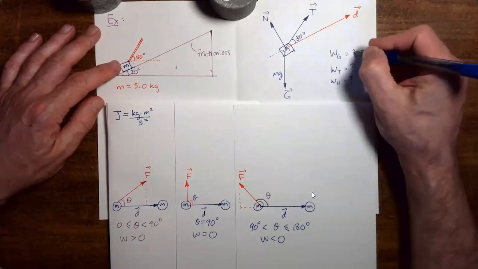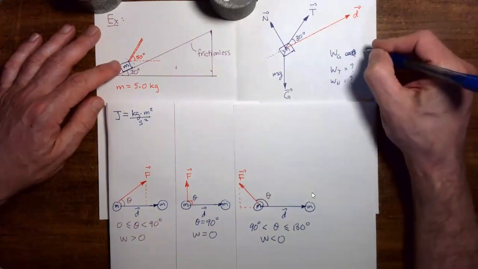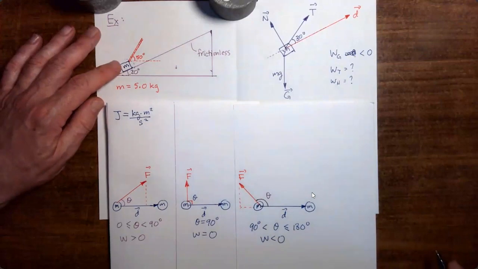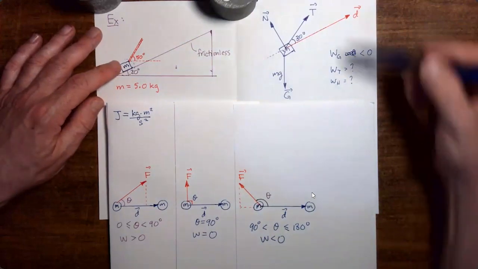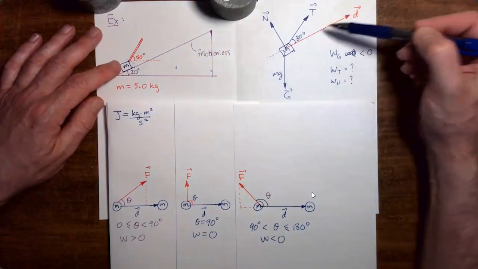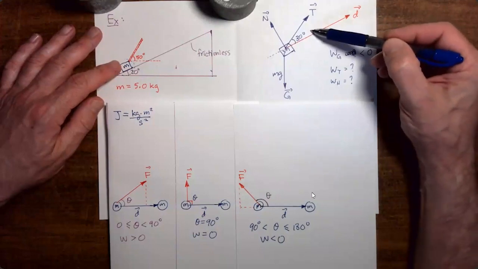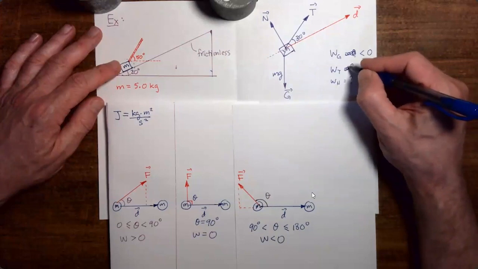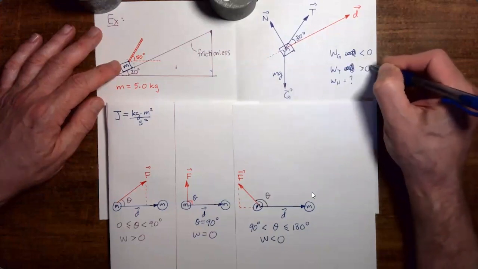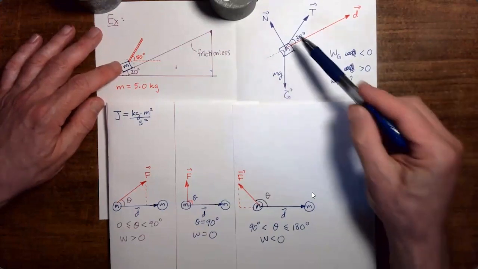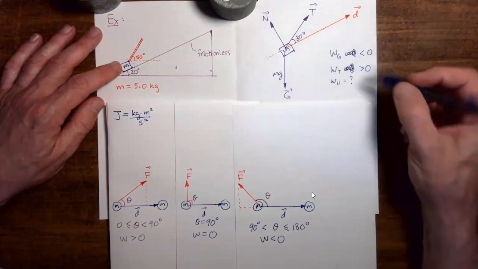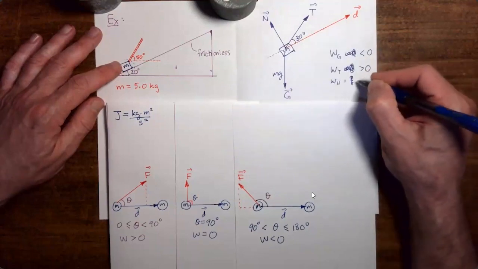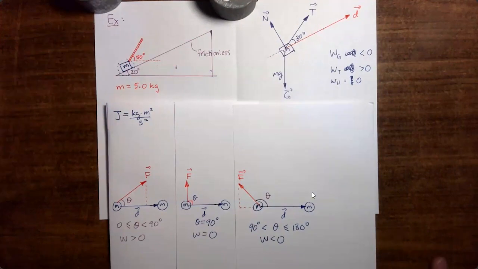So the work done by the gravitational force would be negative. Now the angle between the tension force vector and the displacement is 30 degrees. That is an acute angle. So the work done by the tension force would be positive. Now, the normal force is perpendicular to the displacement. The work done by the normal force would be zero.